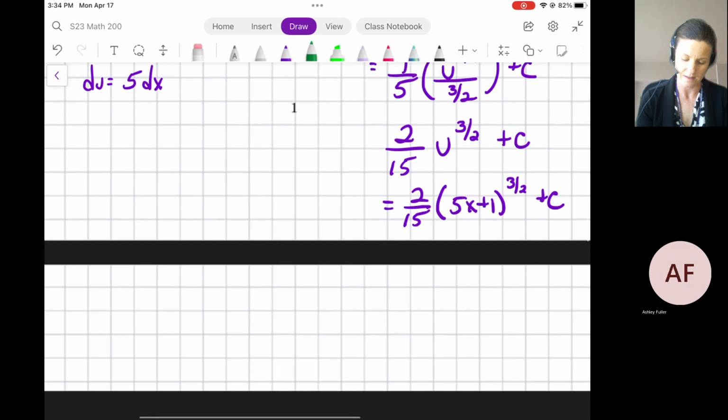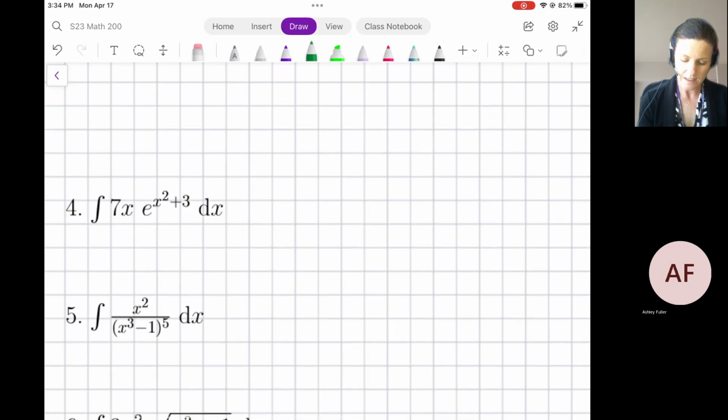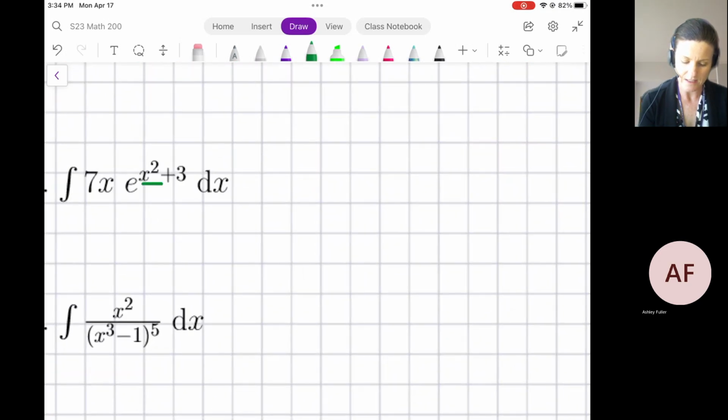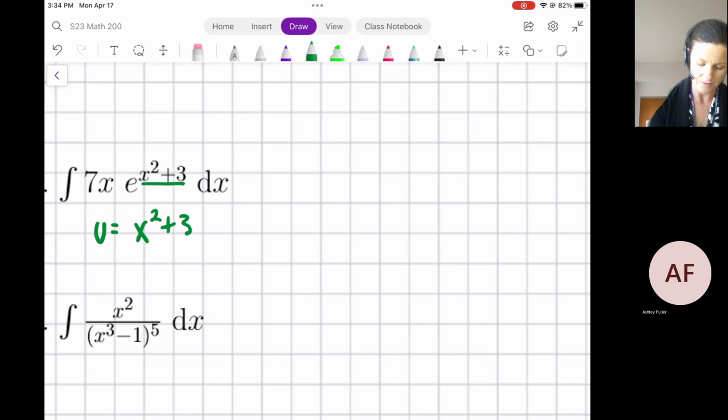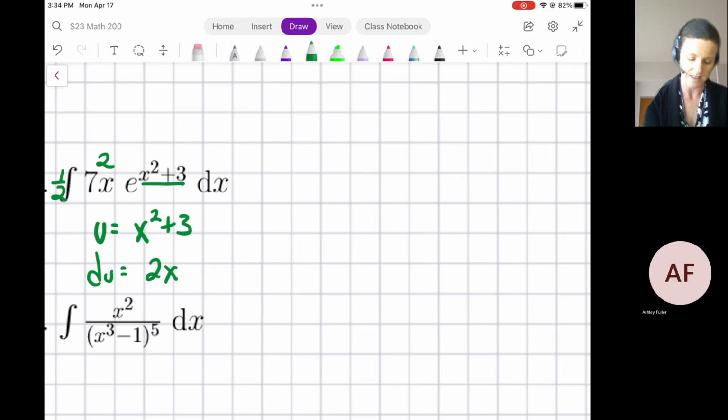by that same constant. Here, anytime you have something e to a power, that's going to typically be your u function. u is going to become x squared plus 3, giving us a du of 2x. We're missing the 2, so I'm going to multiply by 2, which means I have to multiply by 1/2 out front.